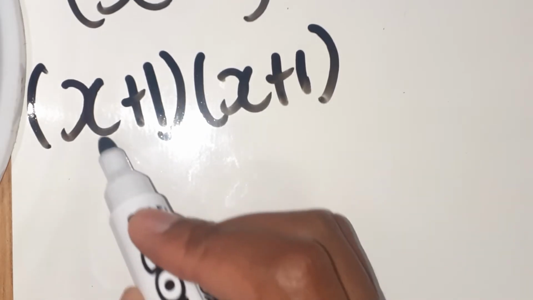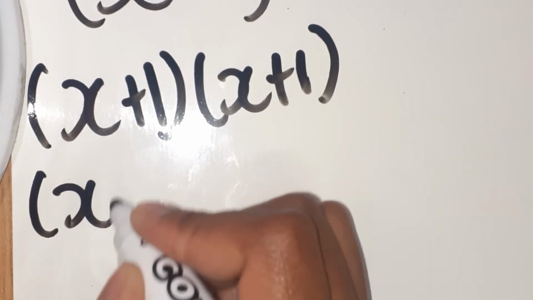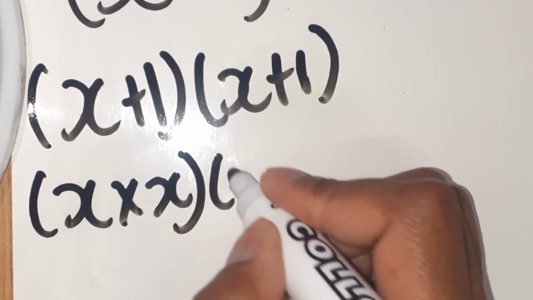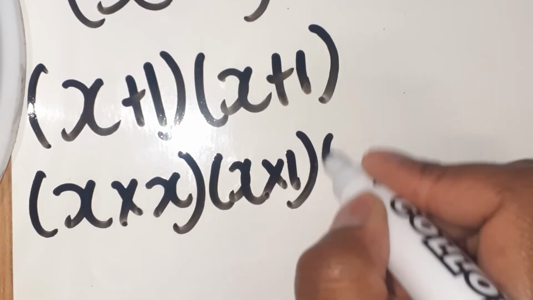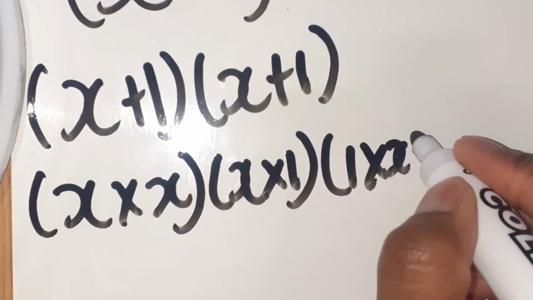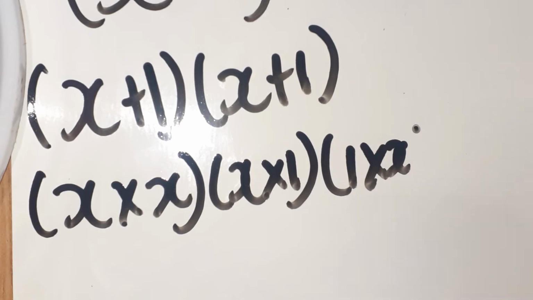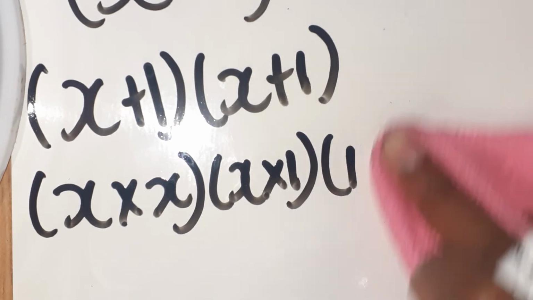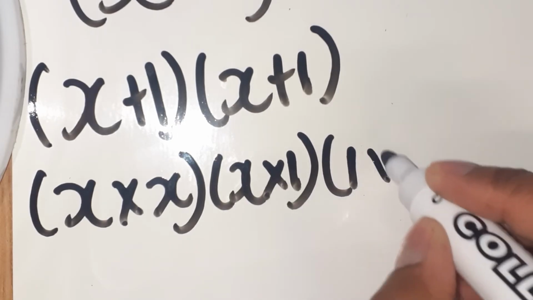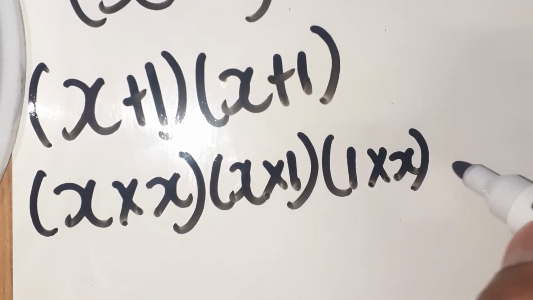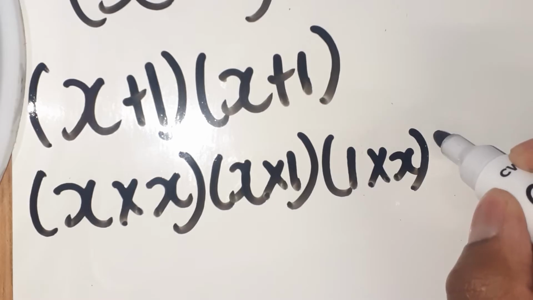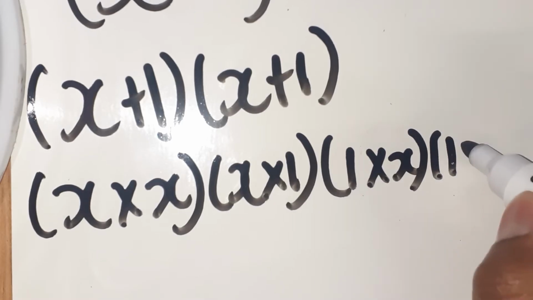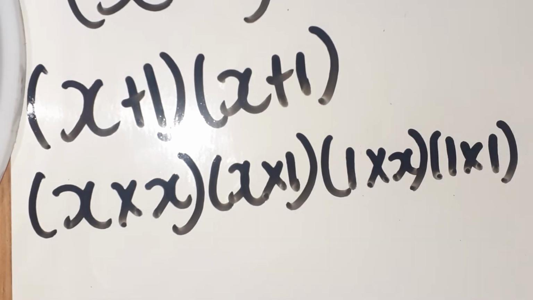So we'll have x times x, we'll have x times 1, we'll have 1 times x, and we will have 1 times 1.